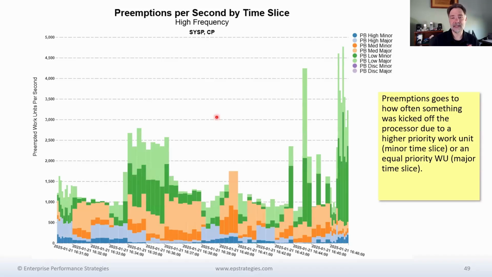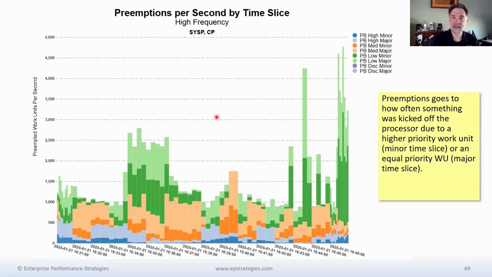What that basically means is if you have a unit of work running at a given dispatching priority, when a higher dispatching priority unit of work comes into the system and needs to run, that low priority unit of work will not be stopped immediately. It's allowed to complete at least its minor time slice before that higher priority unit of work will actually take precedence and cause the low priority unit of work to be undispatched.